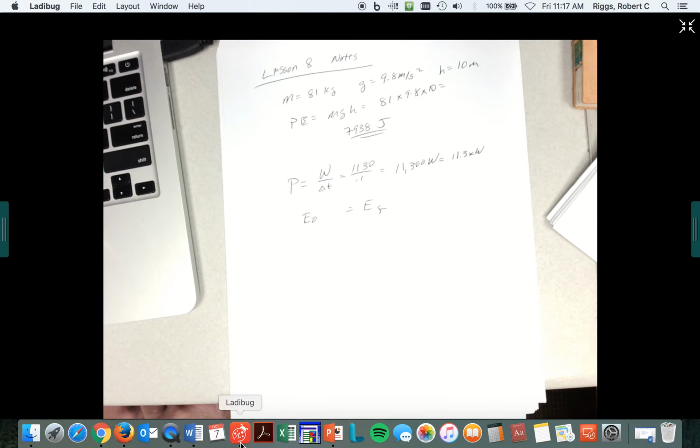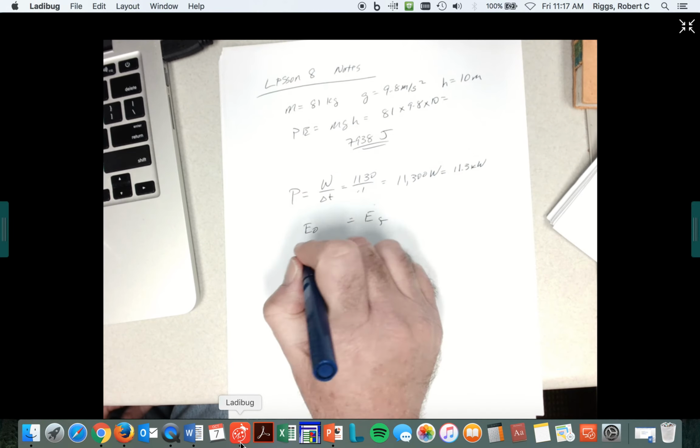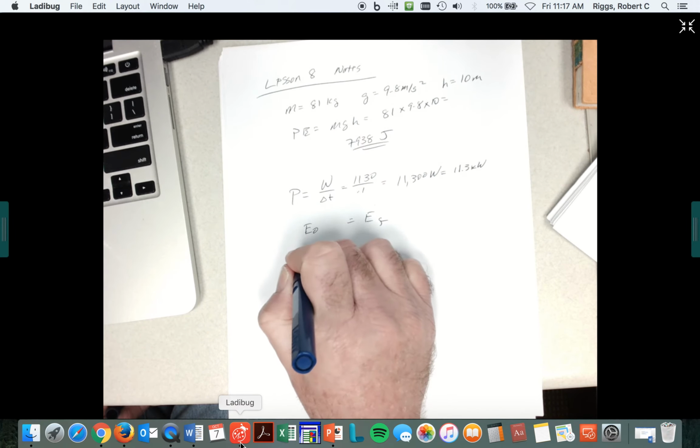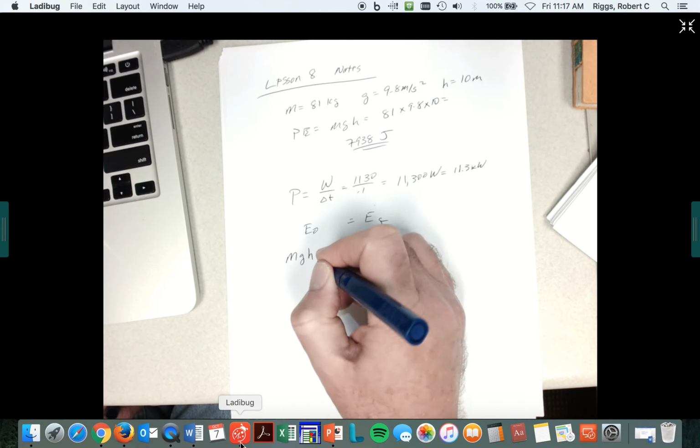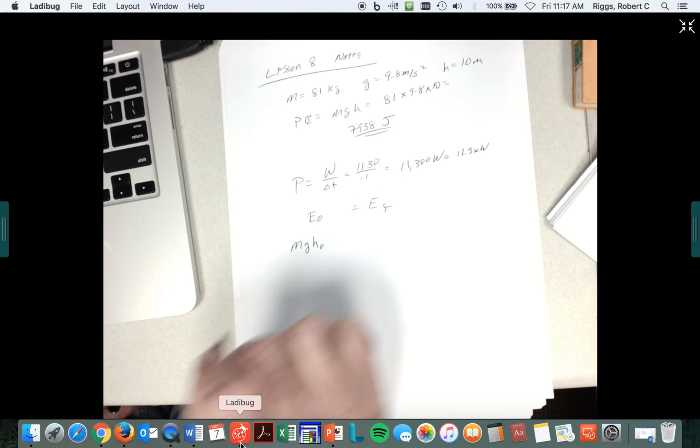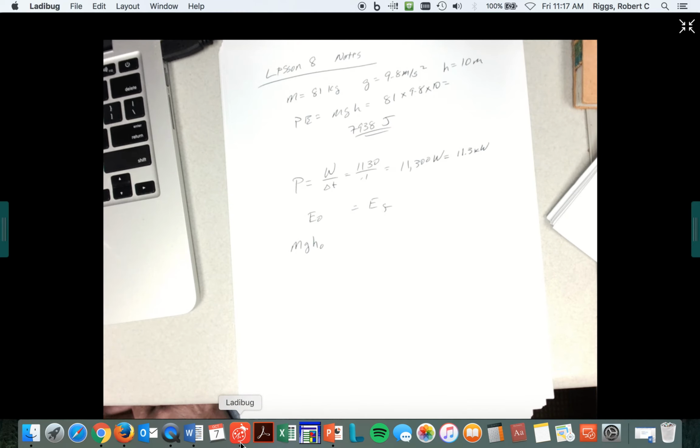All right, so let's say we've got that diver. Remember the diver that we had? Let's say he climbs up the platform, and when he gets up to that initial height, he's at his maximum potential energy. He hasn't jumped off yet. He hasn't fallen off yet.